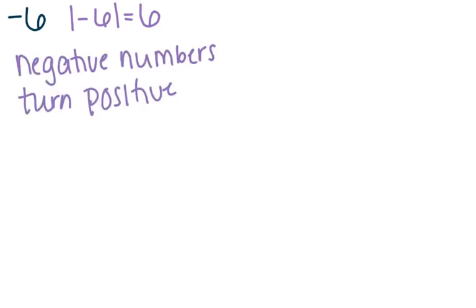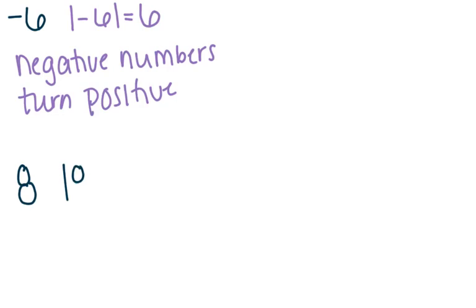On the screen, I have written the number 6. What is the absolute value of negative 6? The absolute value would be written like this, and the absolute value would equal 6. So if it is a negative number, it will turn positive. How about the absolute value of 8?